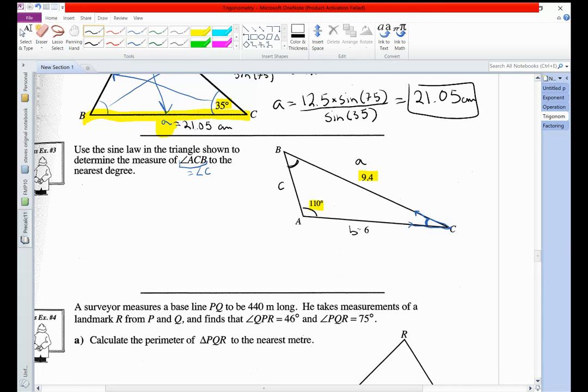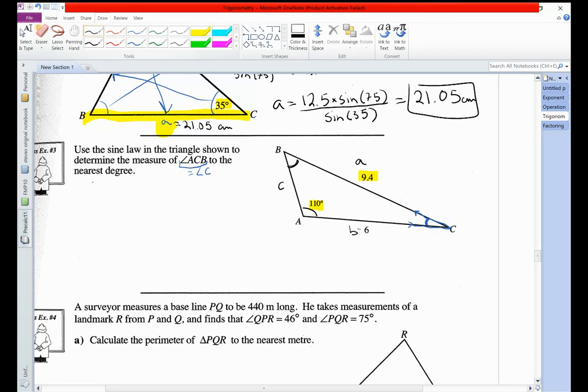I'm going to use the flipped version of our formula, and I'll show you why. By flipped version, I mean I'm going to put the sine values on the top: sine of A over A is equal to sine of B over B. Actually, it's better to flip-flop it, so wait before you write anything down.